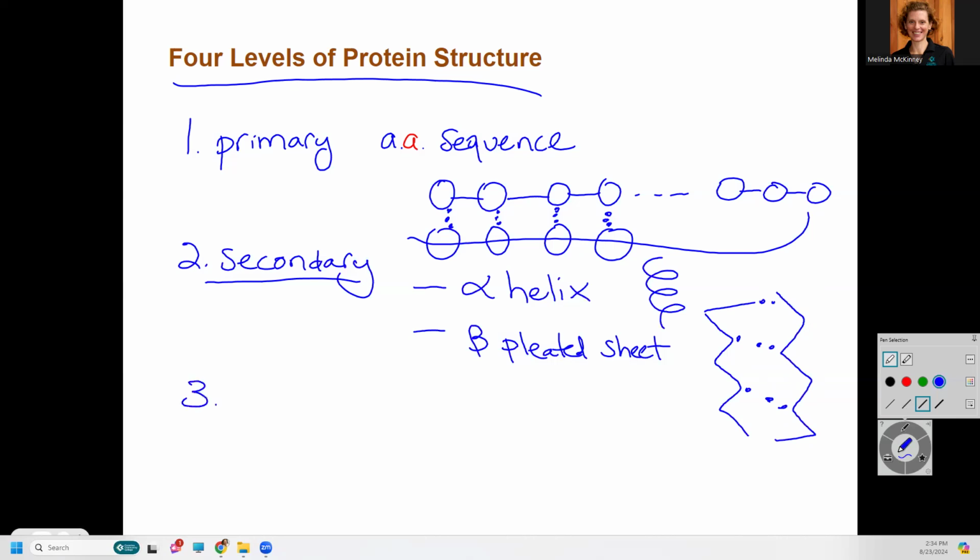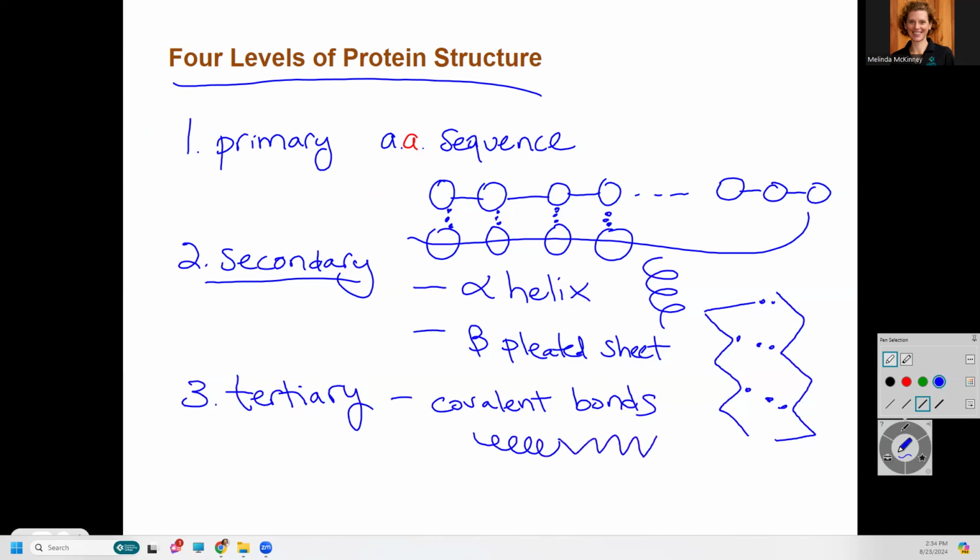The third level of structure is called tertiary. The tertiary structure is where covalent bonds form between different parts of the molecule. So say you've got an alpha helix here, and then a beta pleated sheet, and then another alpha helix, and another beta pleated sheet.